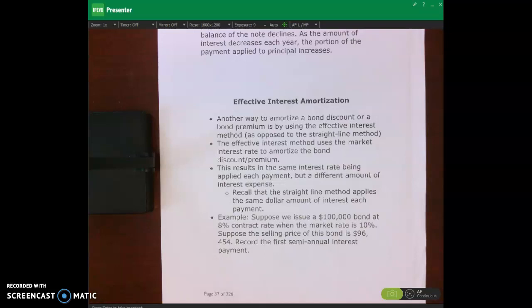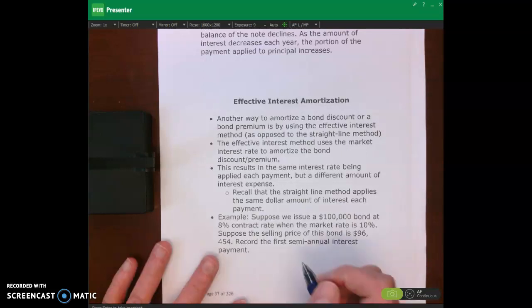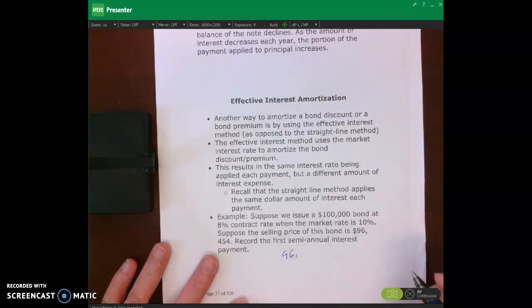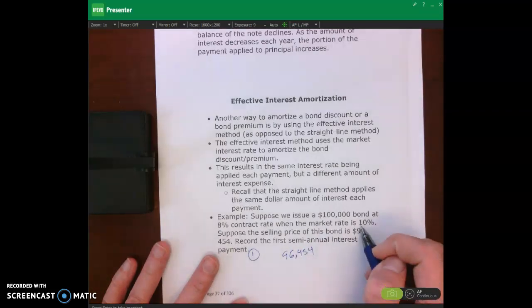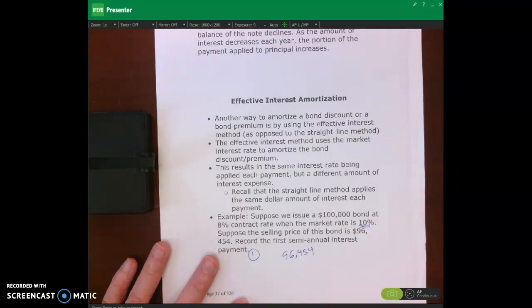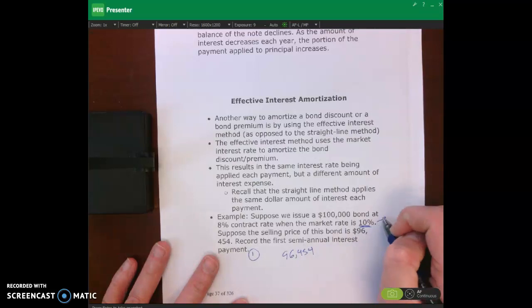Okay, so what we could do is we can multiply our 96,454, which is our carrying value. So for our first interest payment, that's what we're looking over here. Our first interest payment, we multiply our 96,454, which is the carrying value of the bond, times the market rate of interest. But remember, this is semi-annual. So this market rate is annual.